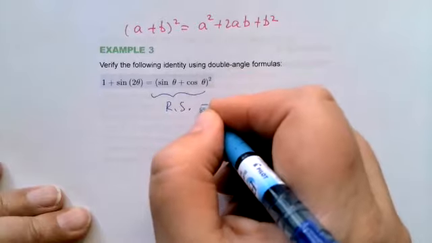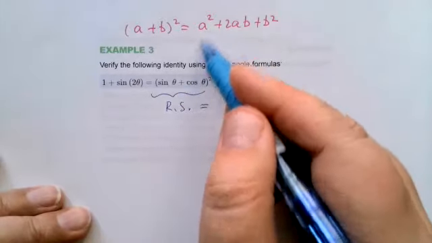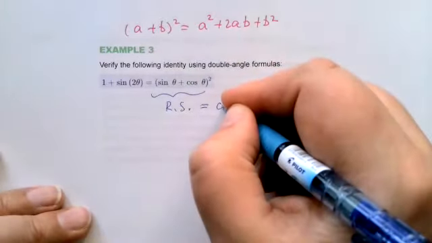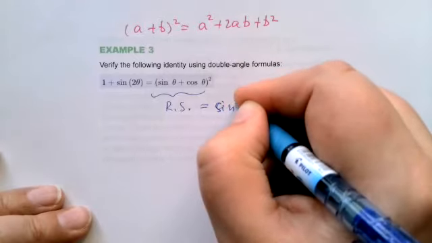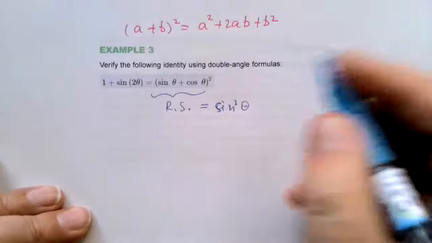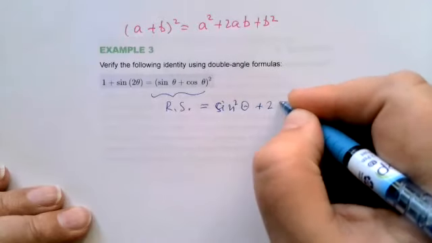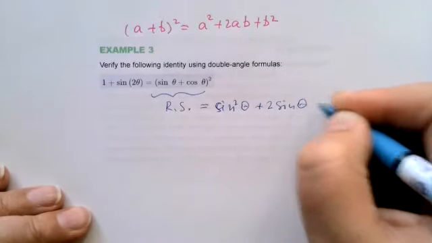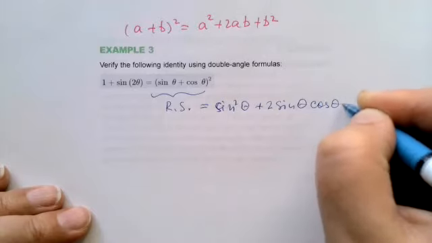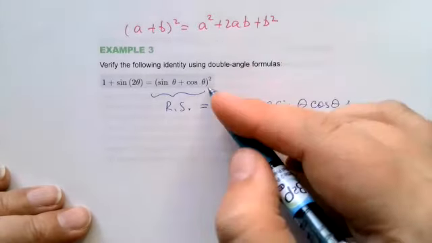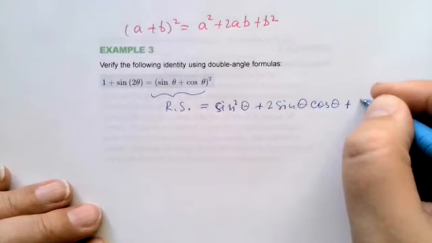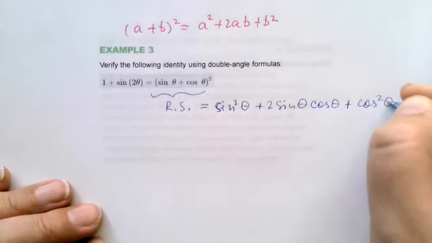Okay, so what do we have? We have a squared, so sine theta squared, plus 2ab, so plus 2 sine theta cosine theta, plus b squared, which is cosine theta, so cosine squared theta.